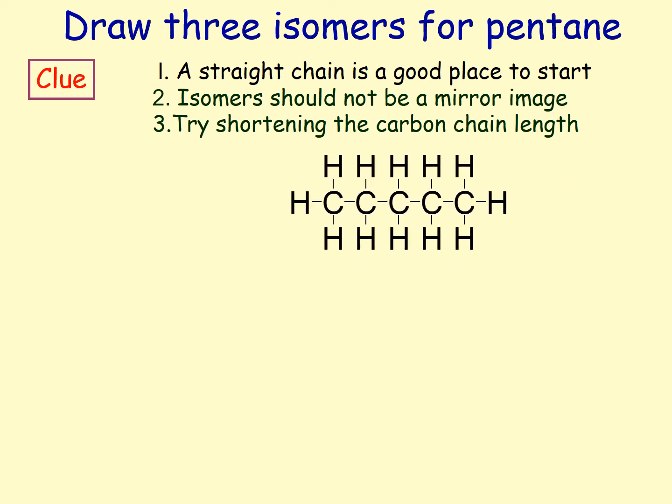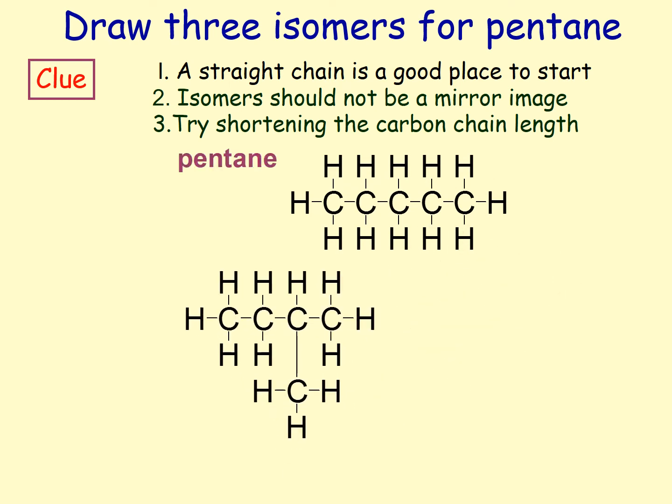Okay, so we have just basic pentane with the 5 carbons in a line. Then what we can do is add a branch to the second carbon, giving 2-methylbutane.